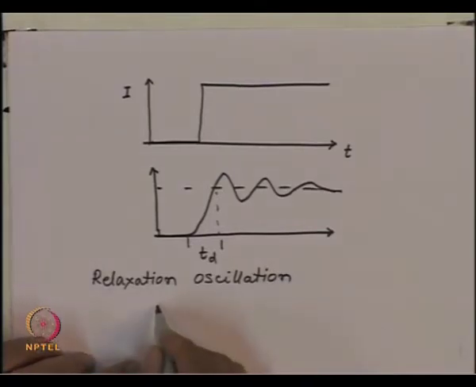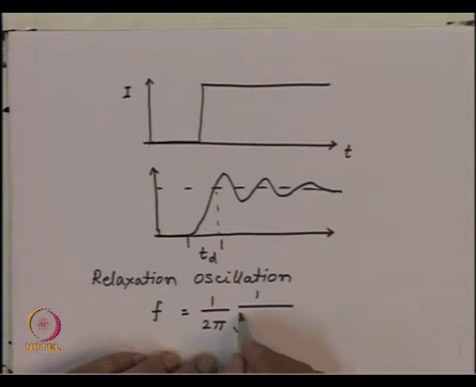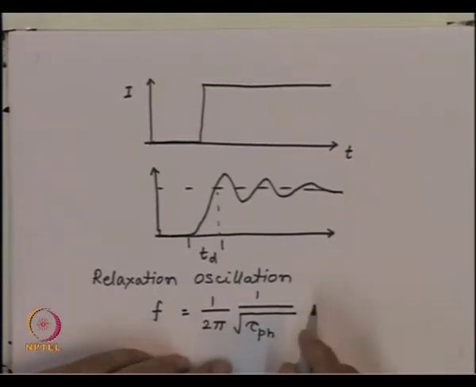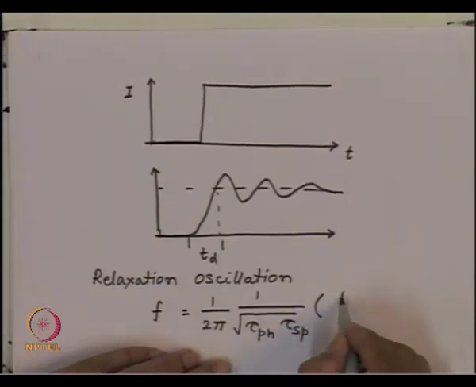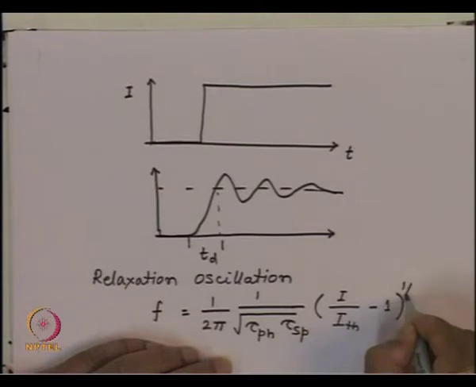And the frequency for this relaxation oscillation f is equal to 1 upon 2 pi, 1 upon square root of tau photon, which is the lifetime of the photon inside the laser, multiplied by tau spontaneous, into (I upon I threshold minus 1) to the power half.